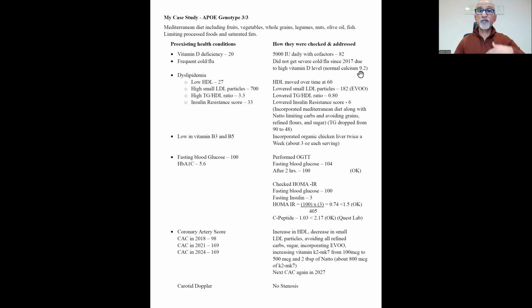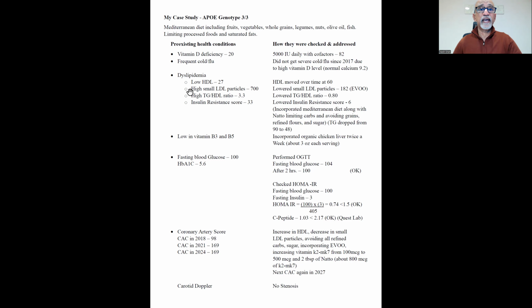On the contrary, it should have increased, because your D level increases your calcium absorption by 20 folds. My doctor was surprised, but I do K2, and I increased K2 over time from 100 microgram to about 800 microgram in my case, and I'm feeling great, excellent.